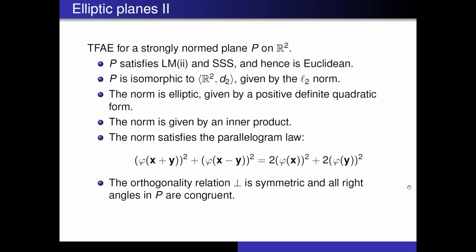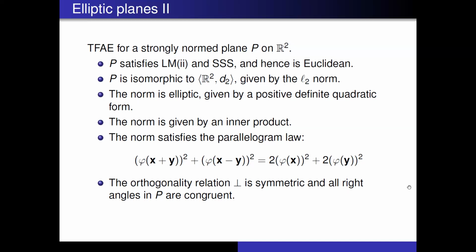Then second is it's isomorphic to the standard plane. And the third equivalence would be that it's elliptic. In other words, the distance is given by a positive definite quadratic form, ax squared plus bxy plus cy squared, the square root of that. Okay, and the third is that the norm is an inner product because the inner product is just determined by the sandwich matrix.